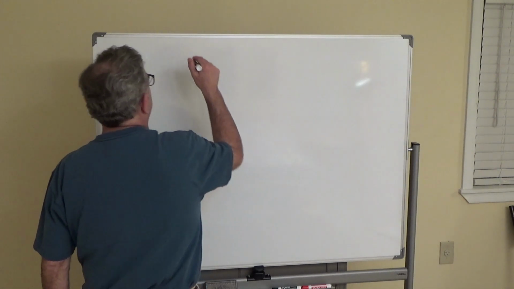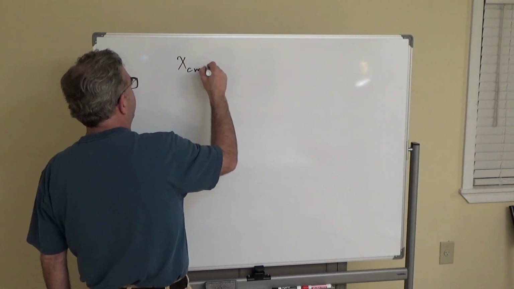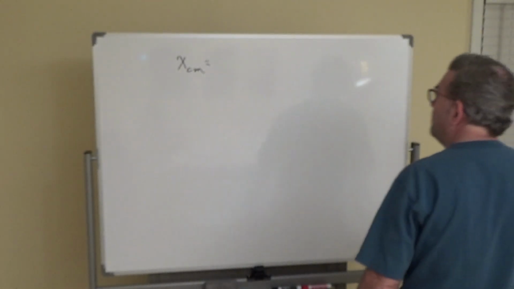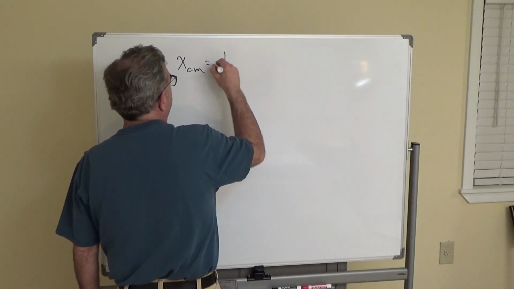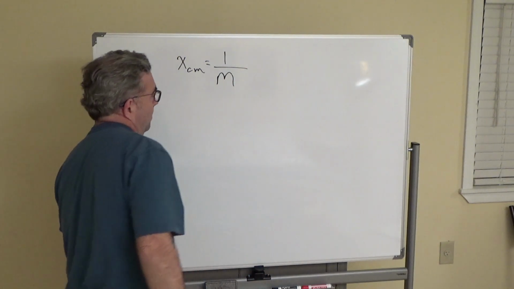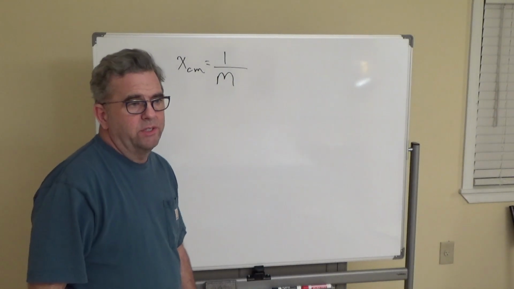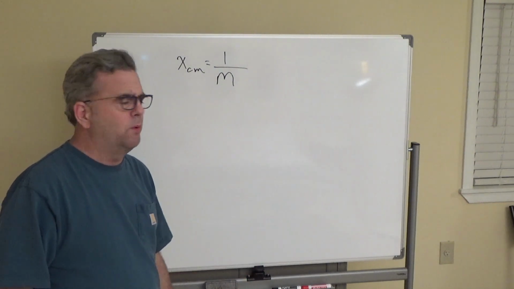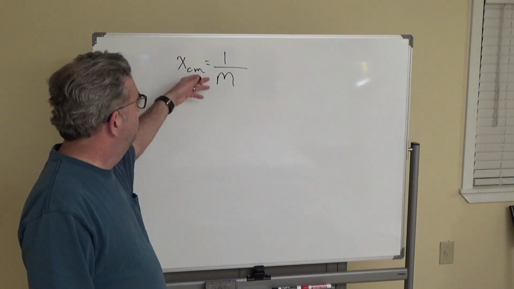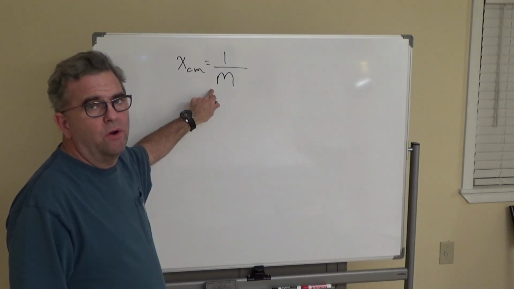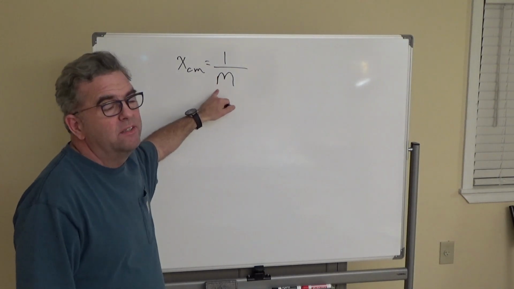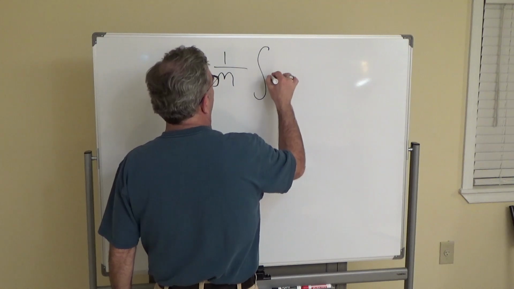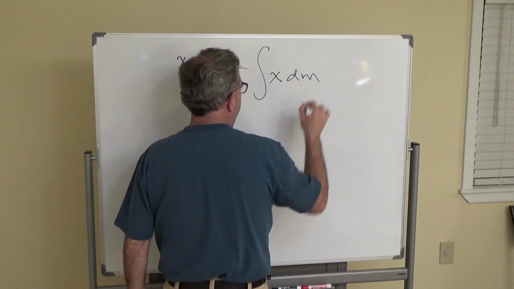So you get the x center of mass is equal to 1 over the total mass, which, depending on how the object looks, the shape of it, the density of it, and so forth, I'll talk a little more about this in a second. You may have to do some calculation based on the geometry of the object to get this total mass. Okay? Then you're going to integrate over the x direction times dm.